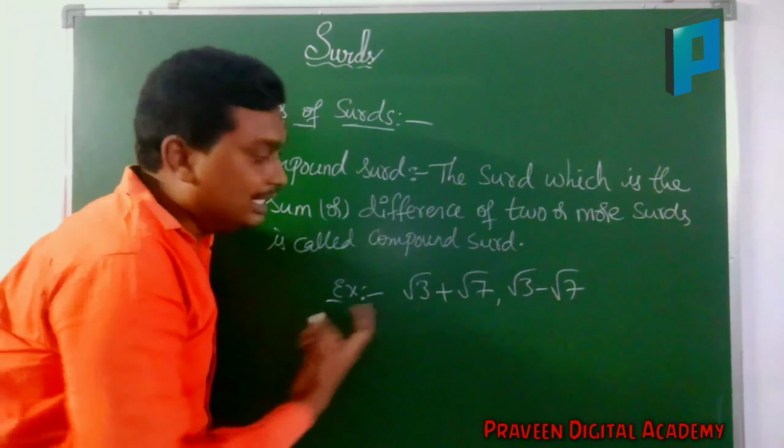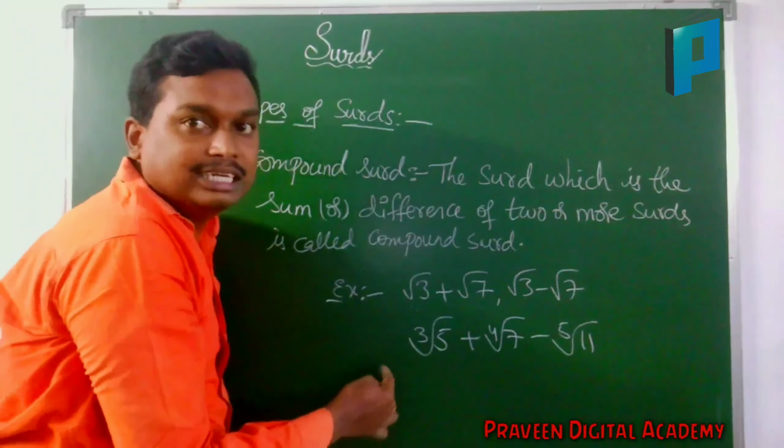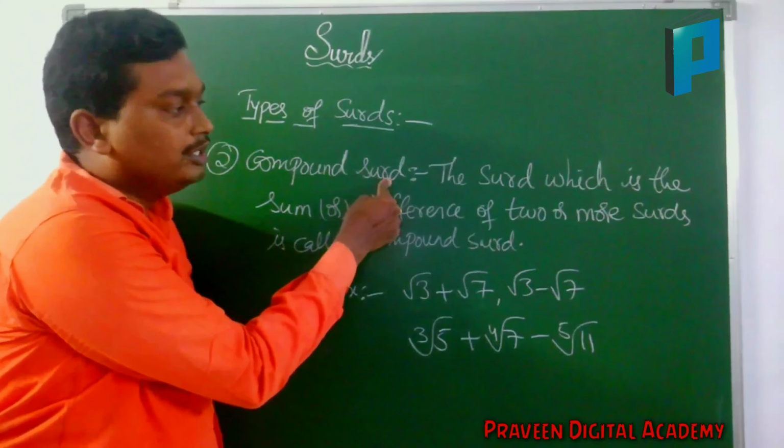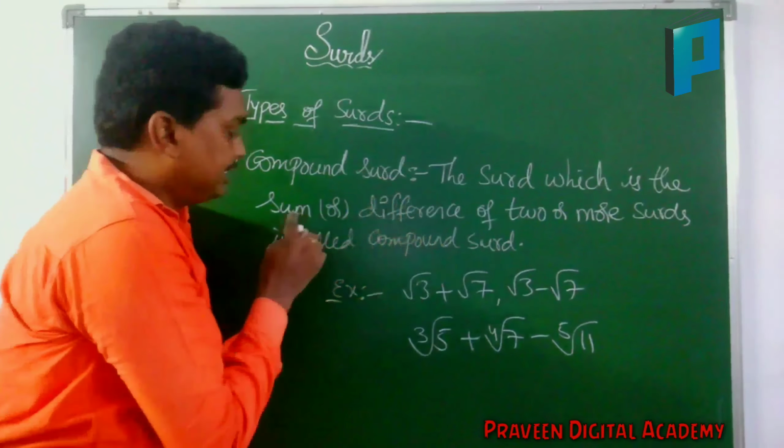You may have three or more terms also, like third root 5 plus fourth root 7 minus fifth root 11. Here we are having three terms, all with surds. These are compound surds: the sum or difference of two or more surds. You may have plus, you may have minus.